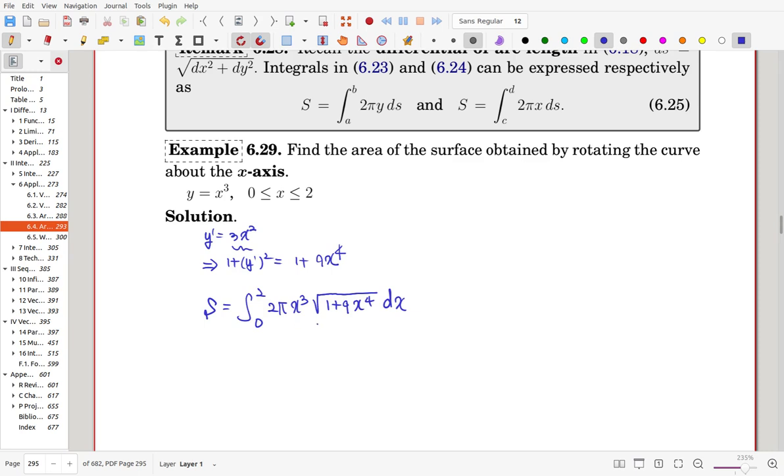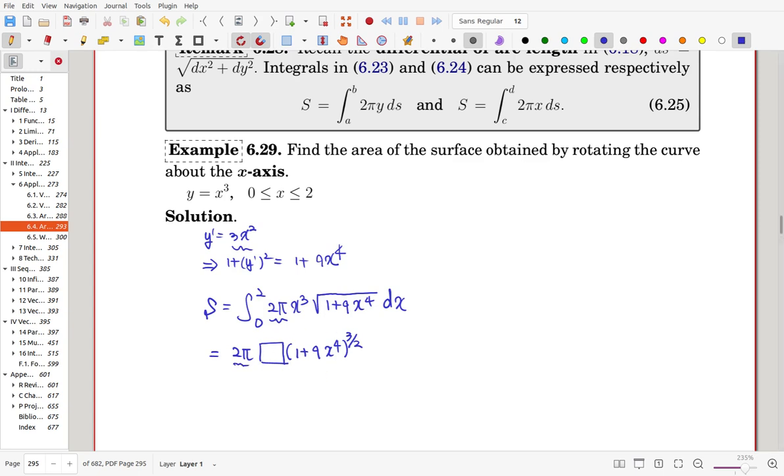Okay, for this one, 2 pi can go out, and then we can find the antiderivative by using the method of undetermined coefficients. That's a half power, so the antiderivative must be (1 plus 9x to the 4) to the 3 over 2, and we have to put in coefficients to get the antiderivative.